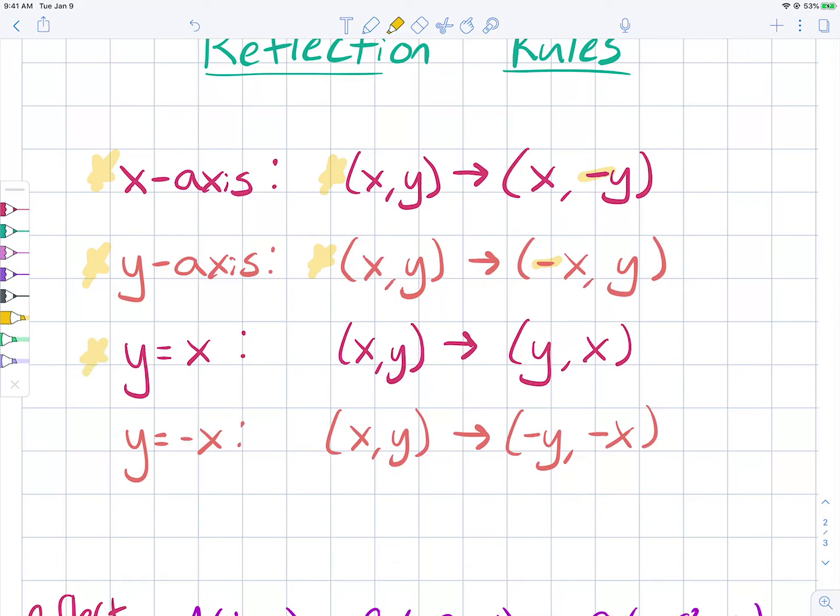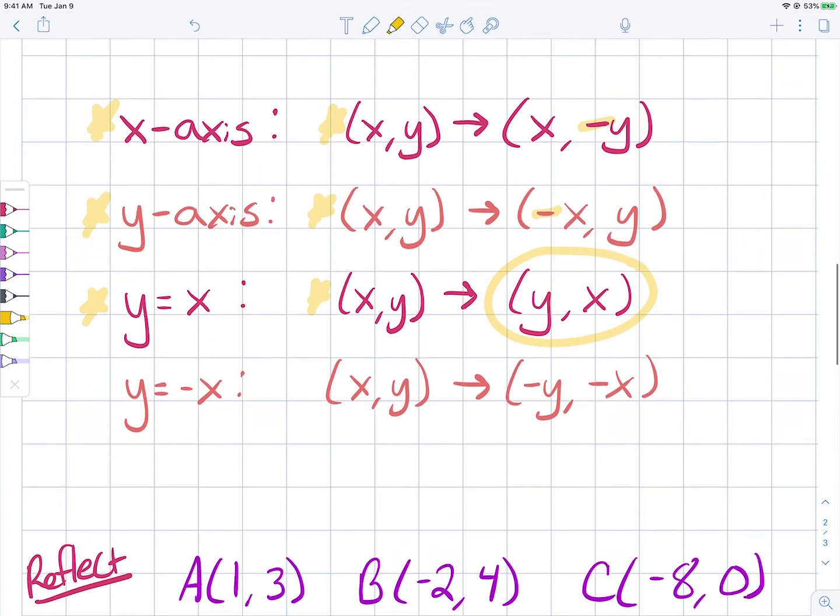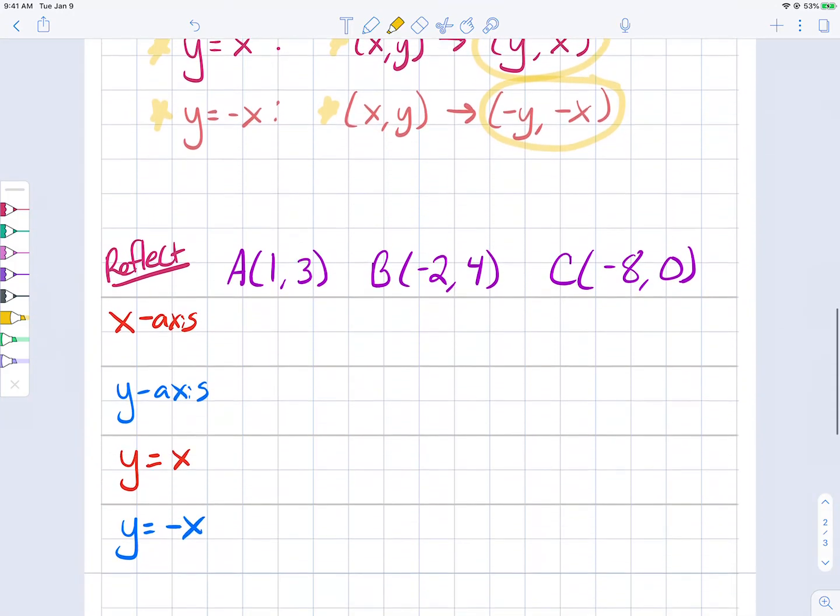If you want to reflect over the line y equals x, remember that is a positive slope of 1, you take your coordinates x, y, and you change them to y, x. What this means is you change the order. You flip it around. And if you reflect it over the line y equals -x, so that's a negative slope, not only do you flip the coordinates over, putting the y one first and the x second, you also change their signs. So let's practice this.